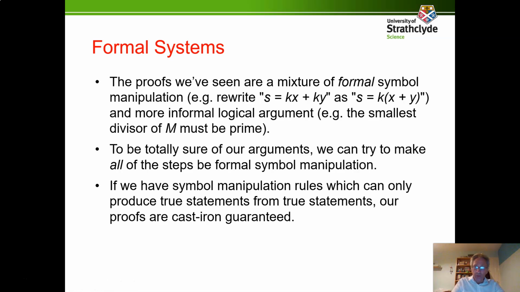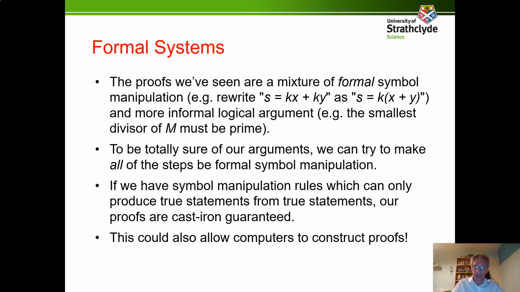So say we've got some true statements, 2 plus 2 equals 4, for example, or 5 is bigger than 3. If I've got some true statements consisting of symbols, and I've got some rules like this one up here that allow me to rewrite my true statements, then my proofs are cast iron guaranteed.